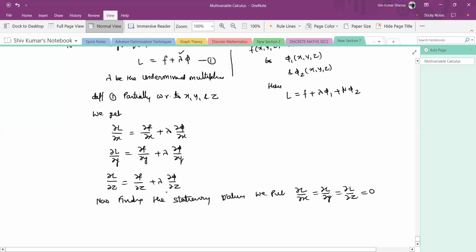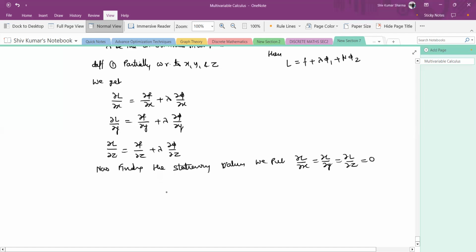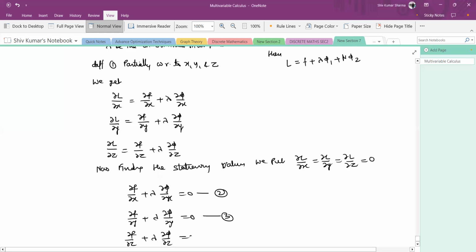When we put this equal to 0, we get del f upon del x plus lambda del phi upon del x equal to 0. This is equation number 2. Del f upon del y plus lambda del phi upon del y is equal to 0. This is equation number 3. Del f upon del z plus lambda del phi upon del z equal to 0. This is equation number 4.